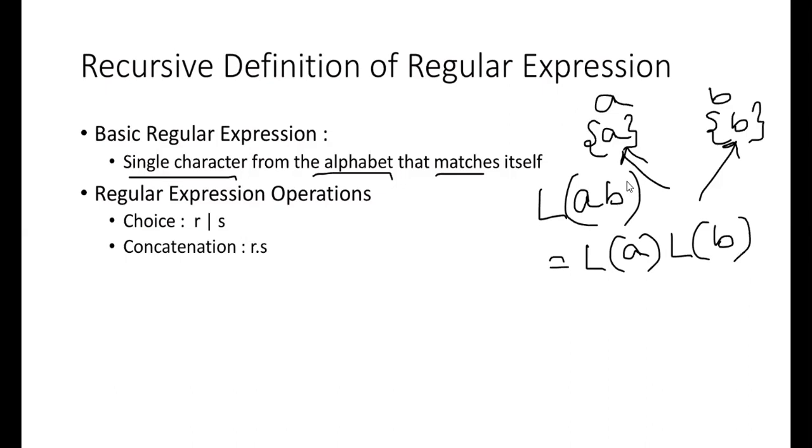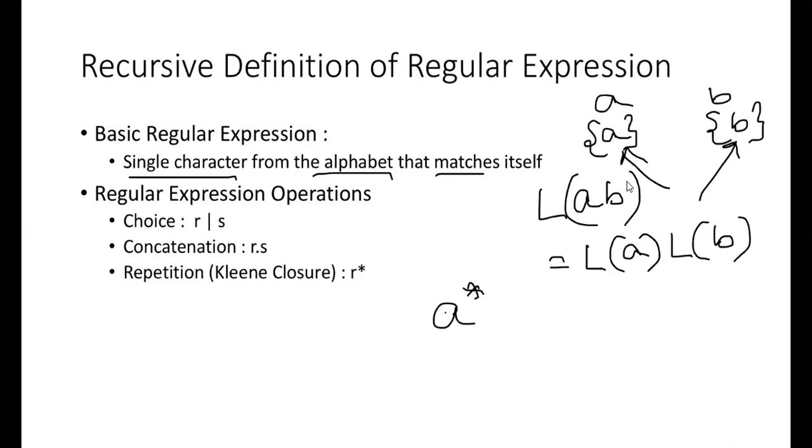The third one is repetition, or also known as Kleene closure. So Kleene closure is, you can see the star represents the Kleene closure. So if R is a regular expression, so here let me put A is a regular expression, then A star, what does it mean?